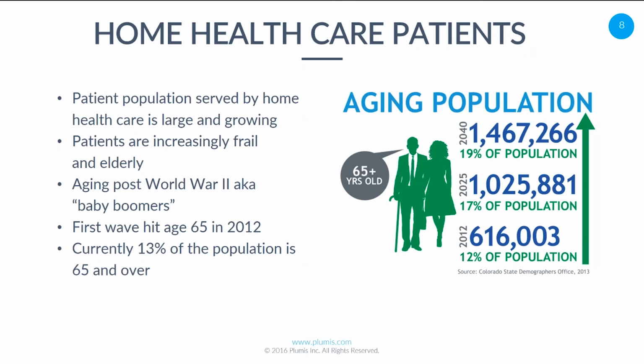This segment of the population is growing by leaps and bounds. Typically those folks that are in this situation with home health care, hospice care, are frail. What we are facing is the baby boomers are moving into this segment.